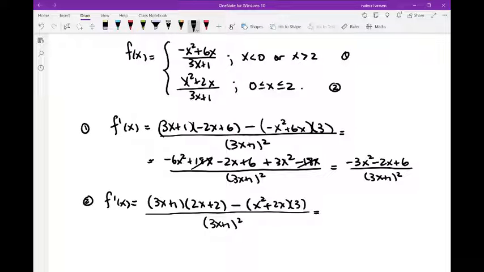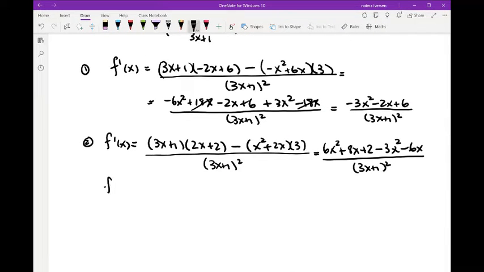So that's going to be 6x squared plus 6x plus 2x is 8x plus 2, minus 3x squared and minus 6x, all divided by 3x plus 1 squared. So my f prime of x is equal to, let's see, we're going to end up with 3x squared this time. Those guys are going to cancel off. And we're going to get a positive 2x and a plus 2, all divided by 3x plus 1 squared.